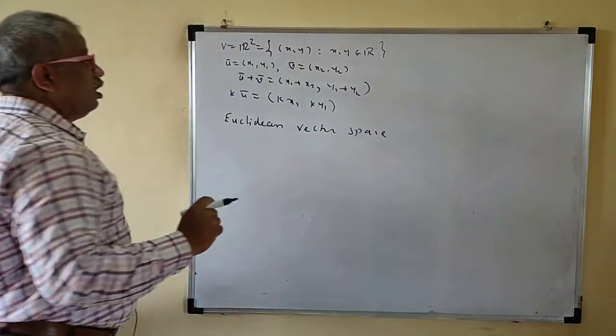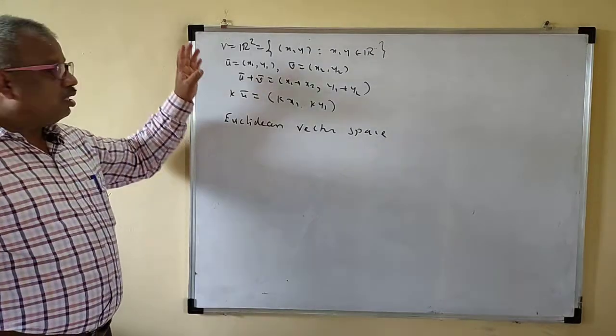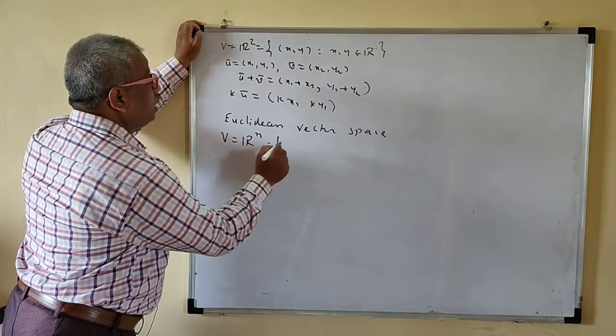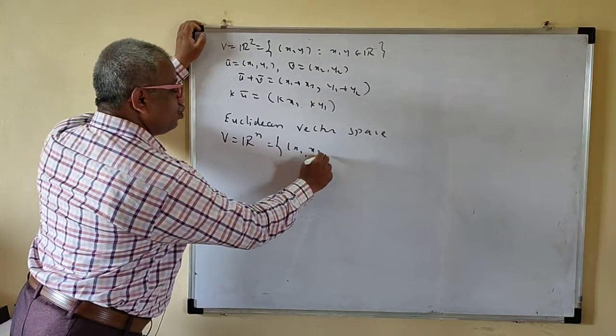So it is the same in R2 or Rn. Suppose V is equal to Rn, so Rn is x1, x2, and so on.